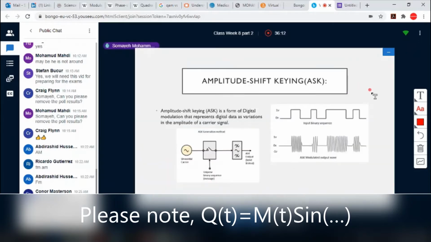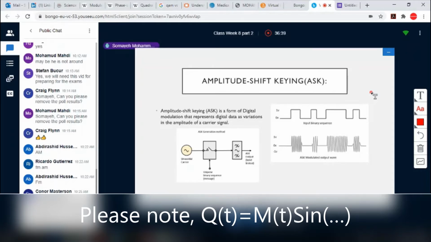Now, another type of digital modulation, or let's call it keying technique, is amplitude shift keying. Here we are going to look at the amplitude being shifted, but the way that we look at it is slightly different from AM modulation in the analog modulation part.